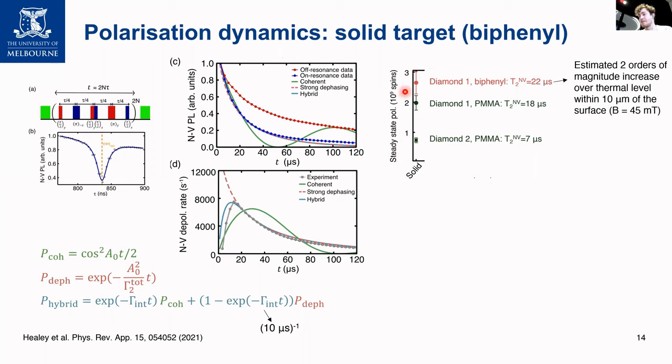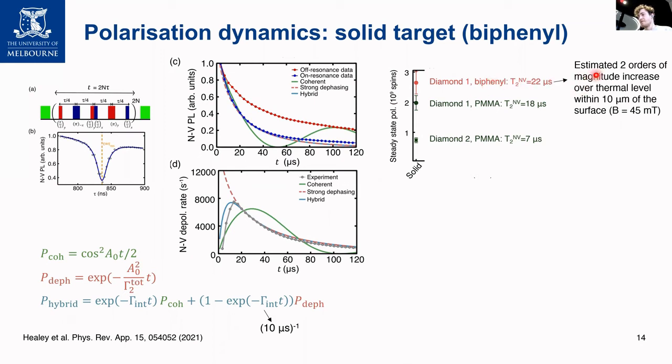And what we see is that the signal we get does vary with T2 in the way our model says. And with the best results, this biphenyl data shown here, we are seeing a signal within an order of magnitude of what we were plugging into the model. So this is reasonably promising.